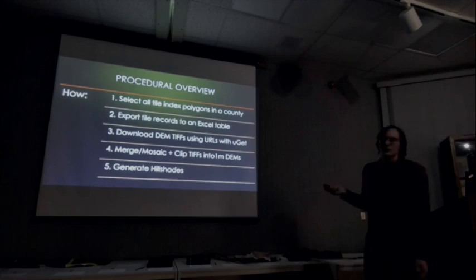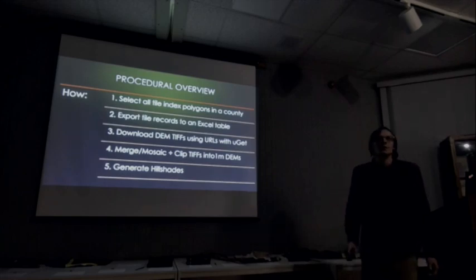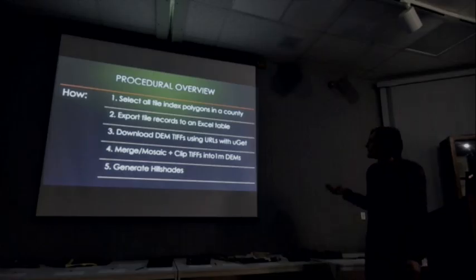So uGet is a great tool, and I think it only took maybe an hour, or 30 minutes, to download all those TIFF files for Perkins County, which is the second biggest county in the state.